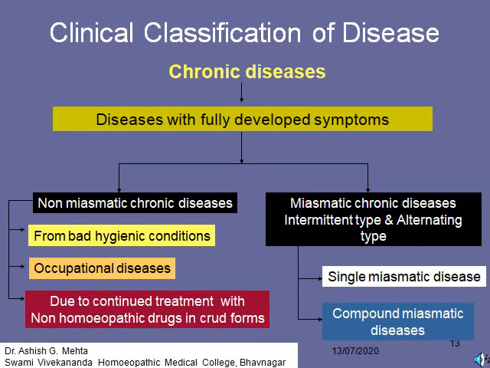He means any drug which does not have a particular homeopathic relation to the case, that is, it is not similar to the case, because the fundamental law of homeopathy is similia similibus curantur. Any drug which is not based on such a law is considered a non-homeopathic remedy, and when such remedies are given for a longer period of time in crude form, they always produce certain kinds of diseases.